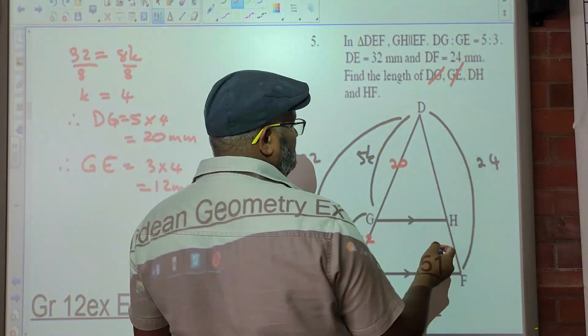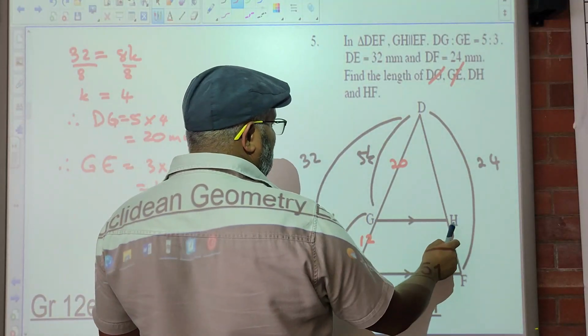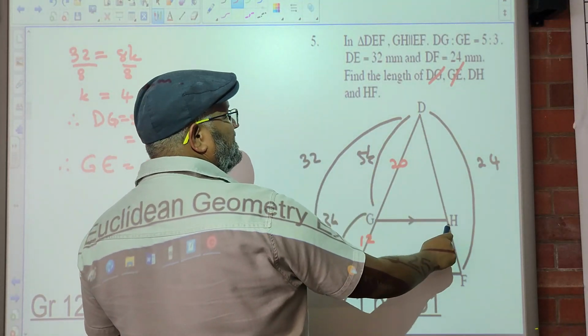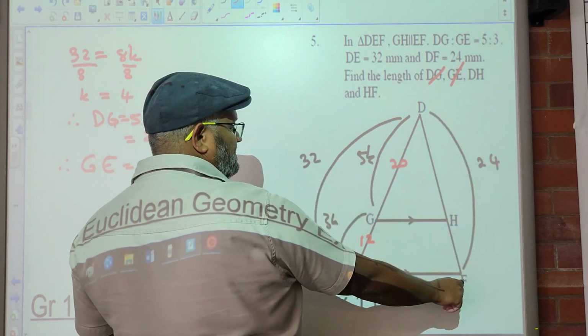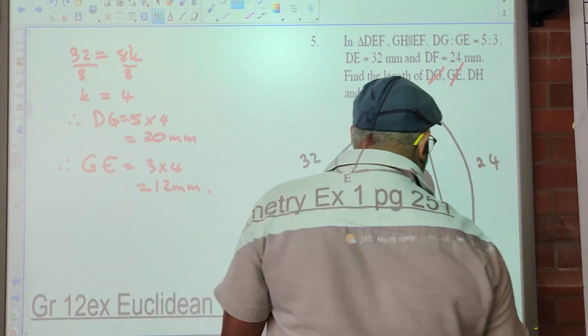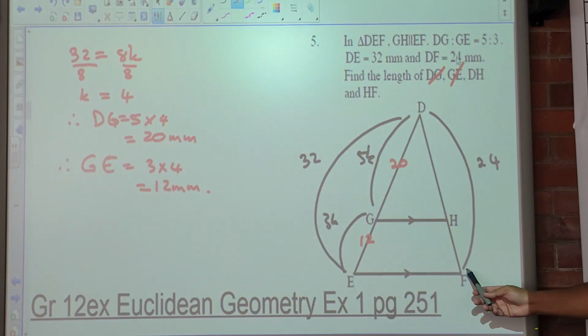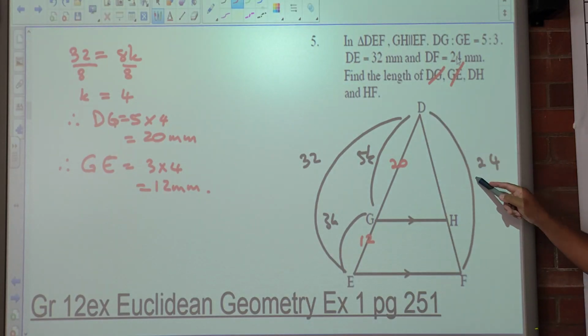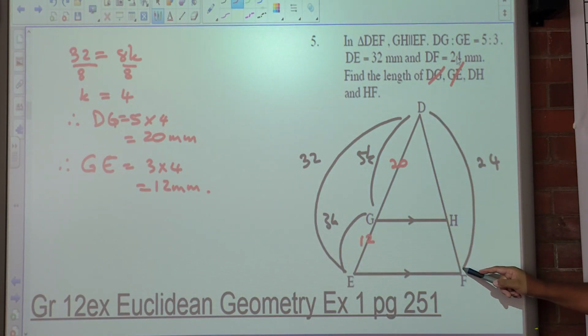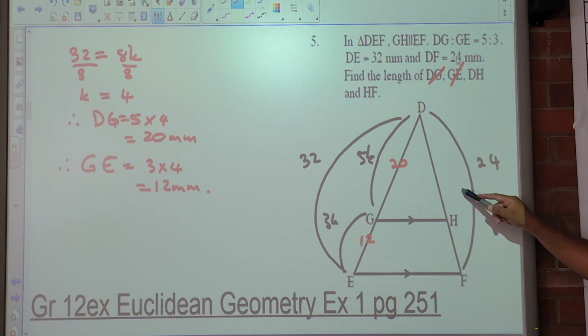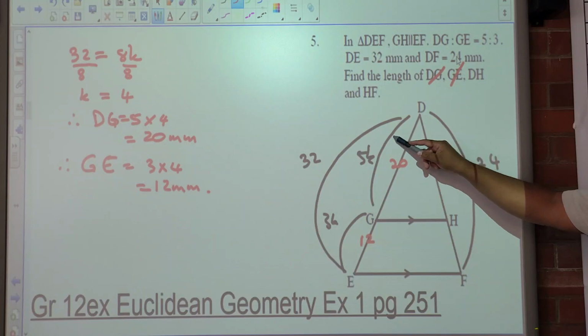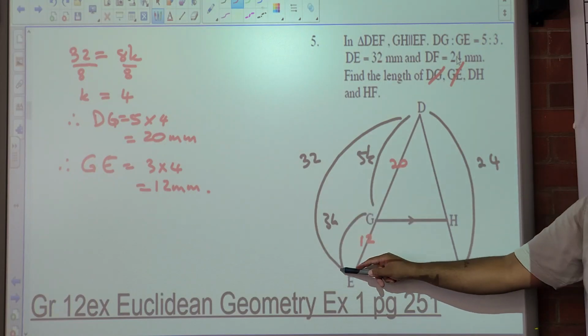DH. So we know that DH over DF. Why am I going with DF? Because I have the whole length of DF. You guys understand? So DH over DF is equal to DG over DE.